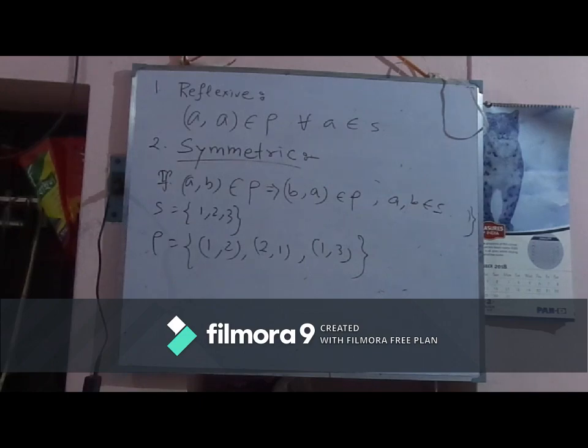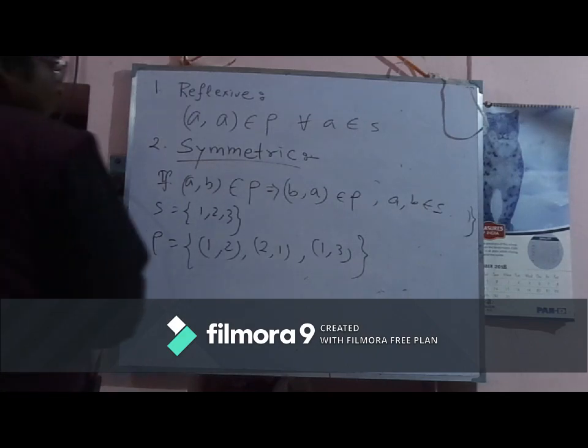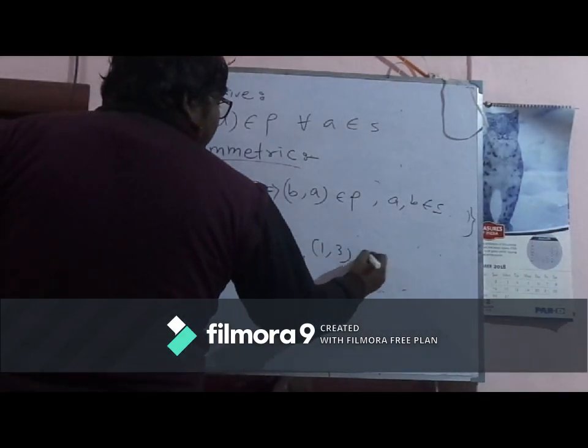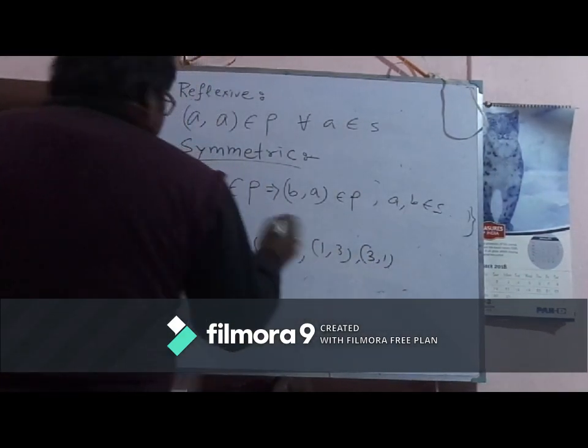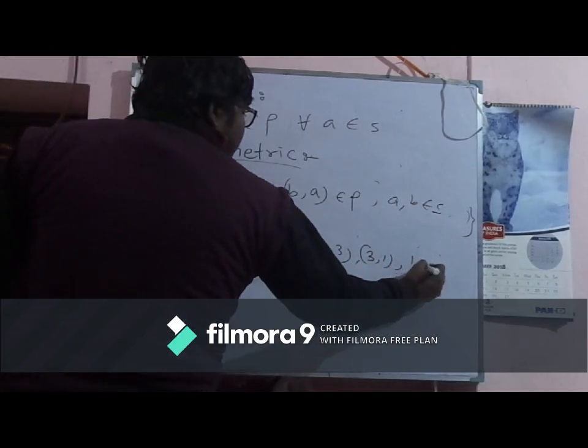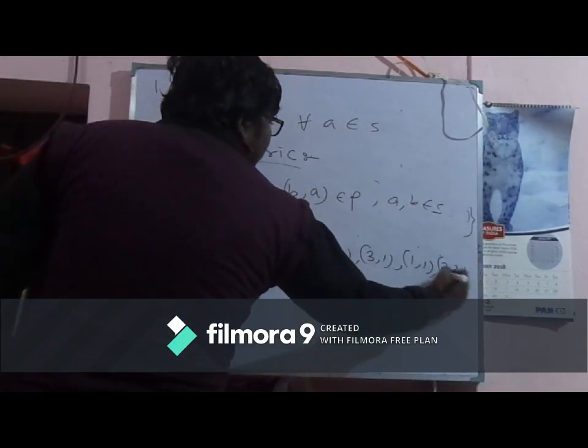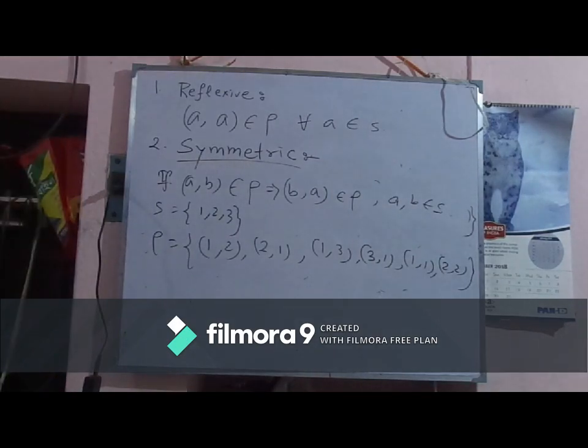Why? Because here (1,3) belongs to rho, but (3,1) does not belong to rho. So this is not a symmetric relation. If you add (3,1), then it will be symmetric. And here we can also add (1,1), (2,2). This relation will be symmetric.